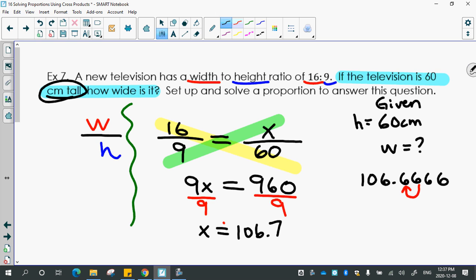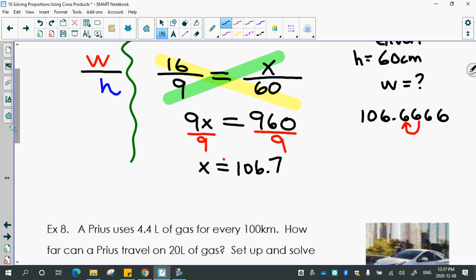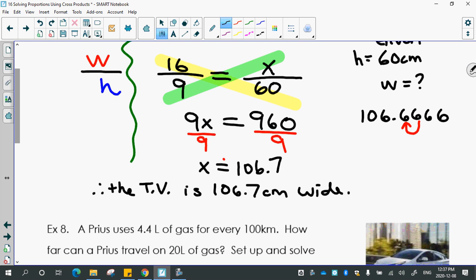And then I need a statement. I have to answer the question. So I have to say, therefore, the TV, I'll use a short form, is 106.7 centimeters wide. Therefore, the television is 106.7 centimeters wide.